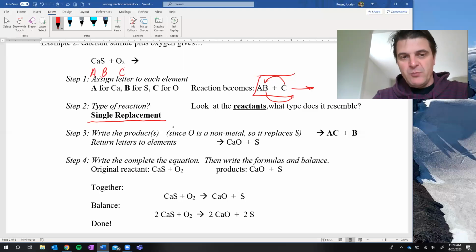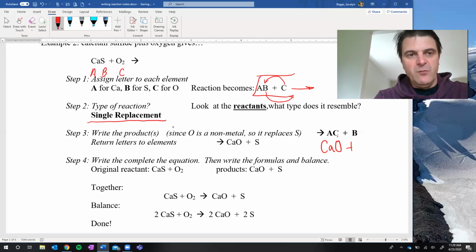Well, now just put back your elements that you had at the beginning, right? We said that A was Ca. So this is Ca. C was oxygen plus B was sulfur.